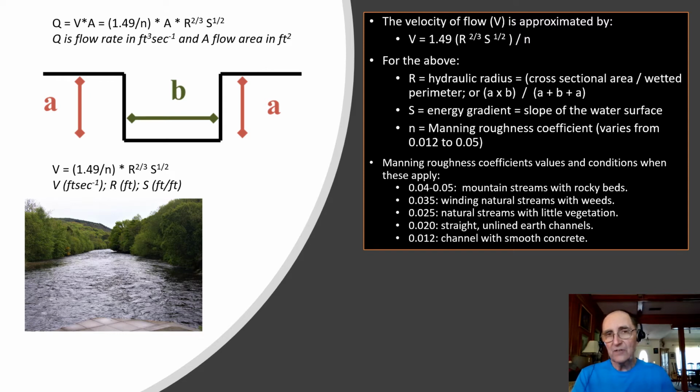The gradient is the vertical drop in a given horizontal distance, and the Manning roughness coefficient will vary anywhere between 0.012 to 0.05. The highest values occur in mountain streams with rocky beds, and the lowest value occurs in a channel that is lined with smooth concrete.